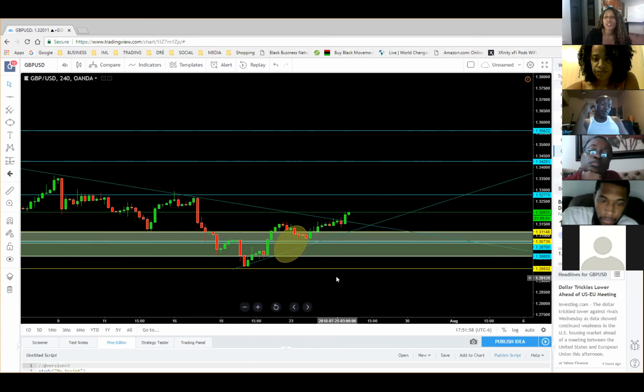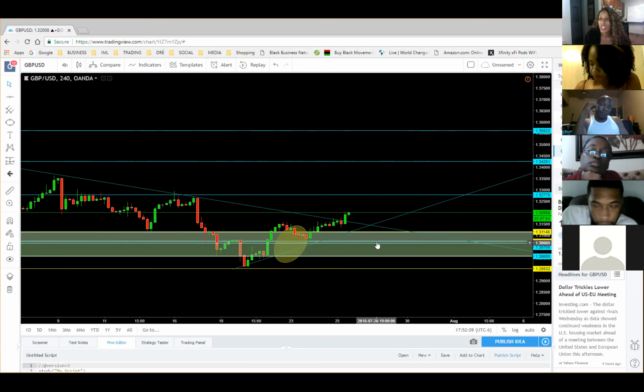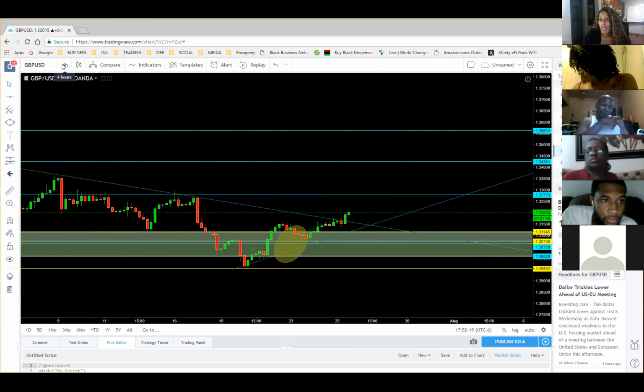So what's the rule of thumb, Sheila? The rule of thumb is don't trade in the middle. Okay, there you go. So in other words, is your impatience causing you to want to violate the rule? Now you could go down, but you better find another support resistance line. Yes, and that's what I've been doing.